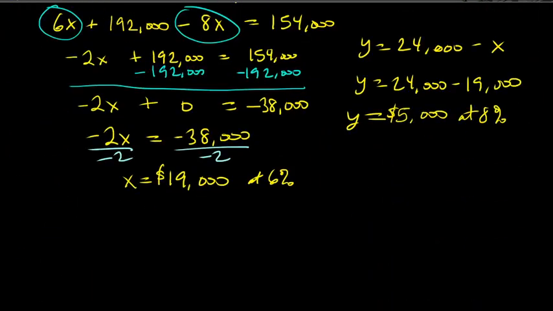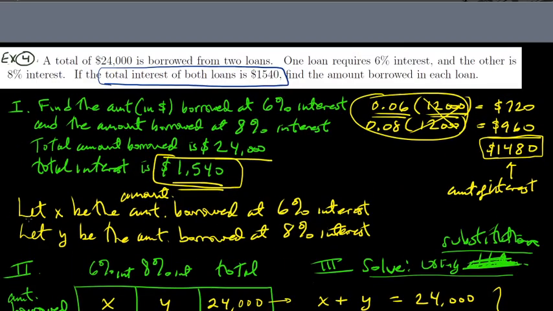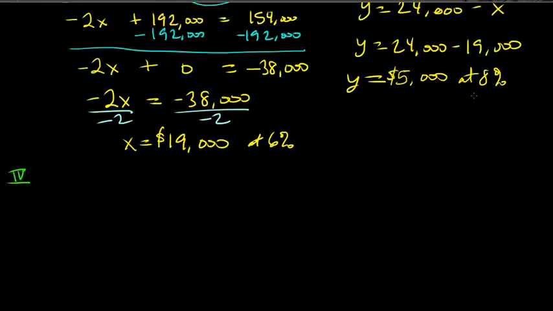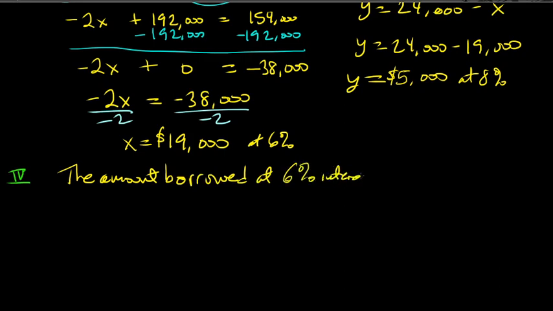This is step 4. Go back to the original question: find the amount borrowed in each loan. So the amount borrowed at 6% interest is $19,000.